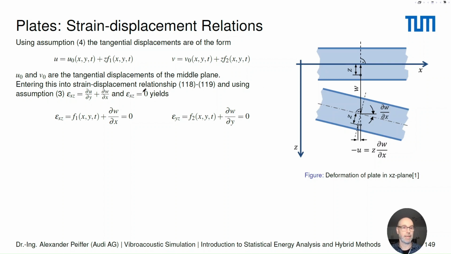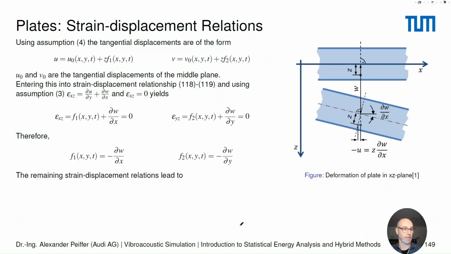And we're using assumption number 3, meaning that the shear strain is supposed to be 0. If we do so and apply the above formulas, we can easily find the relationship between the function number 1 and the derivative of the out-of-plane displacement to x and y, which are as given here. So it's just the derivative of the out-of-plane displacement in x and y direction with a negative sign.